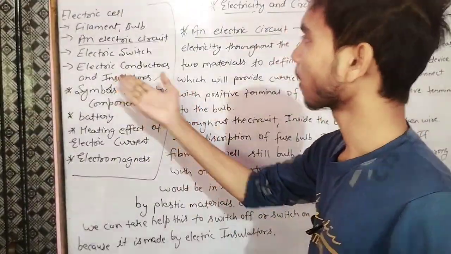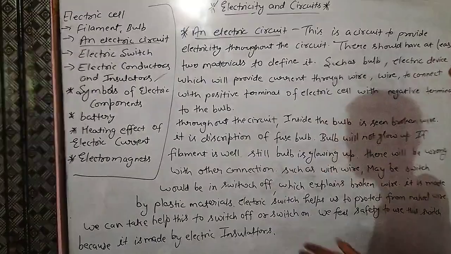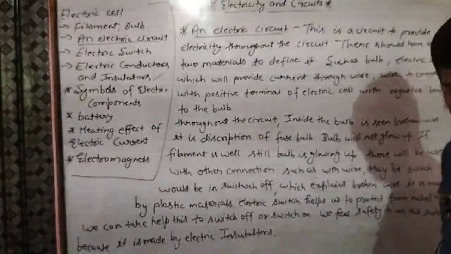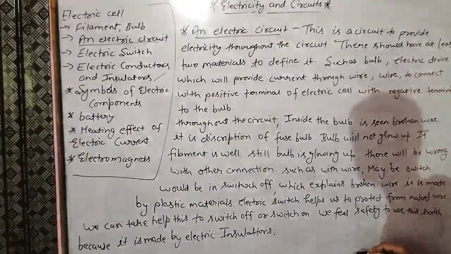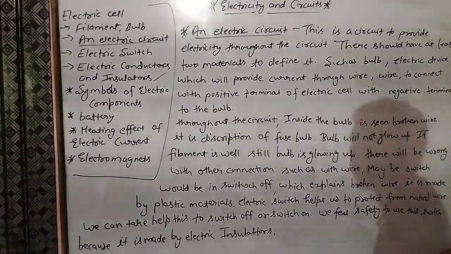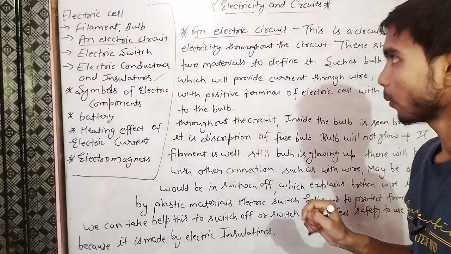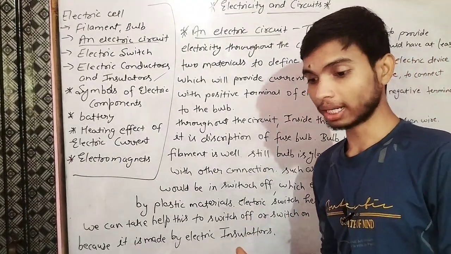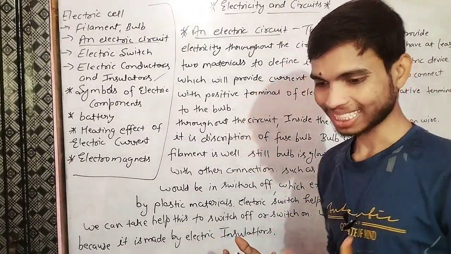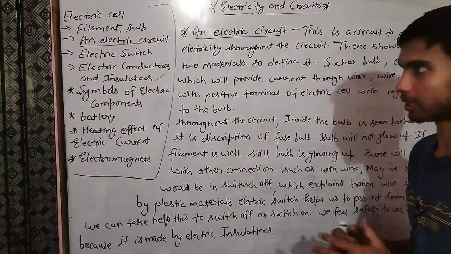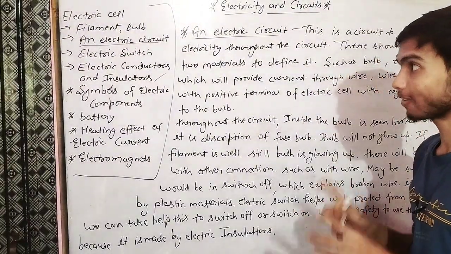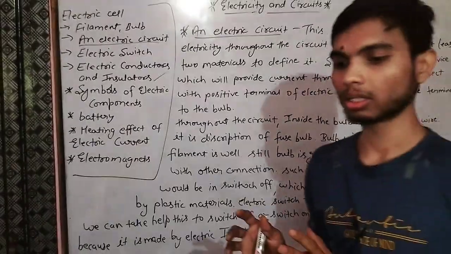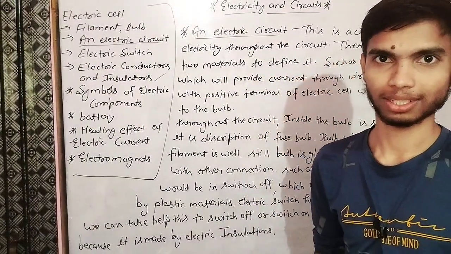Let's see discussion of this. One side is conductors, one side is insulators. What is the meaning of it? Look, conductors are able to connect with the electricity, with the current easily. But whereas insulators are not able to connect with the electricity, with the current.